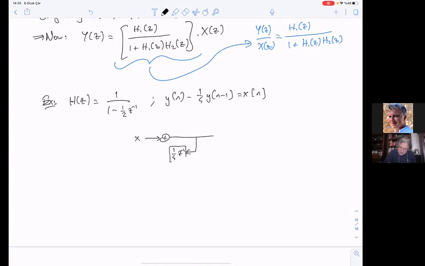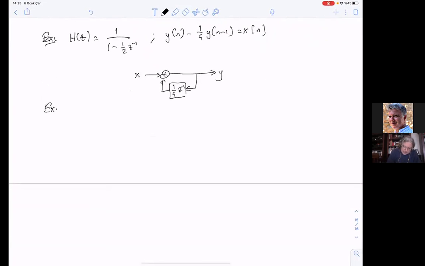If you're uncomfortable with this kind of notation, you could also separate 1 over 4 and z inverse from each other and put them separately on lines, but 1 over 4 z inverse is just a delay and a scaling factor of 1 over 4, and the output is y. So this is the feedback block diagram of the simple autoregressive system of H(z).